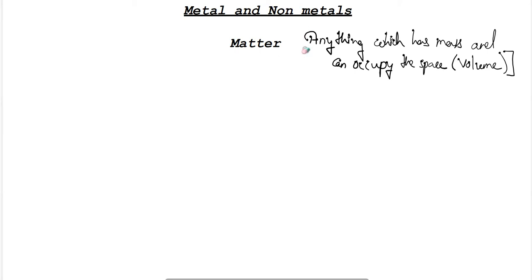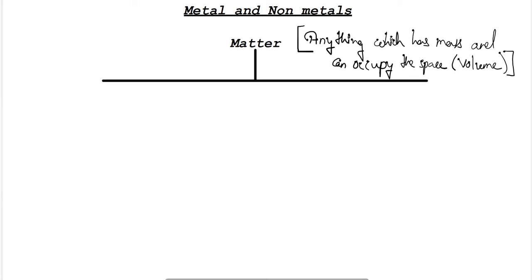As you know, around us numerous amounts of matter are present. So how to make a proper classification of matter so that we can easily study it? For that purpose, we have classified matter on two bases: one on the basis of physical properties and one on the basis of chemical properties.